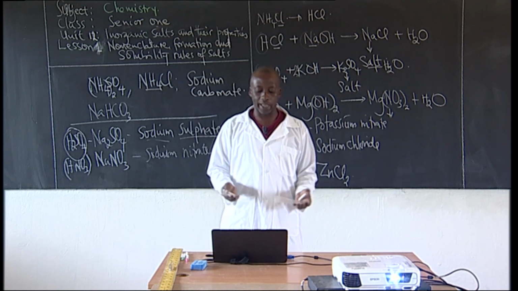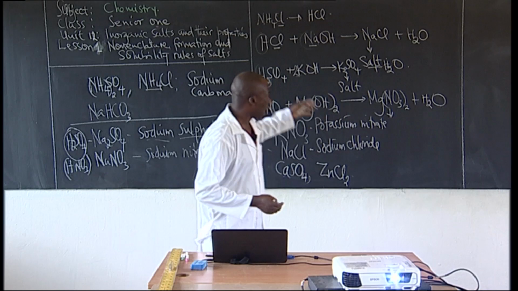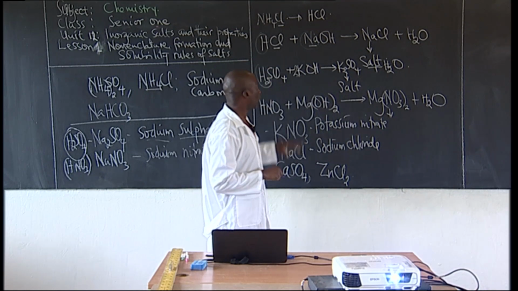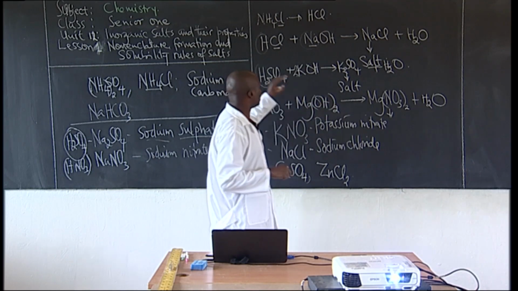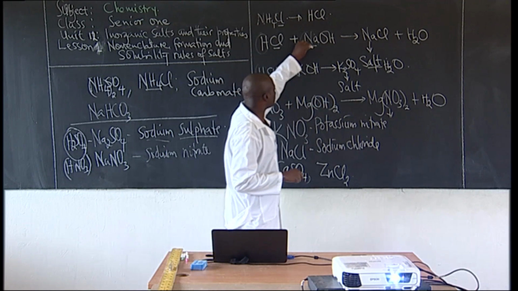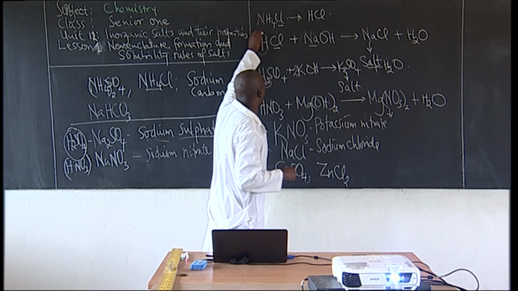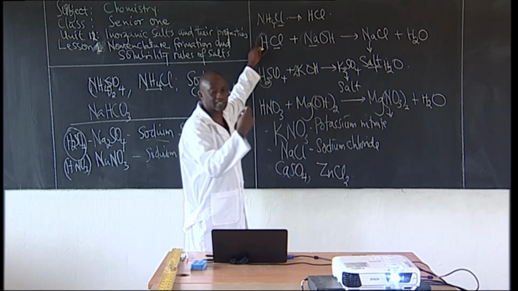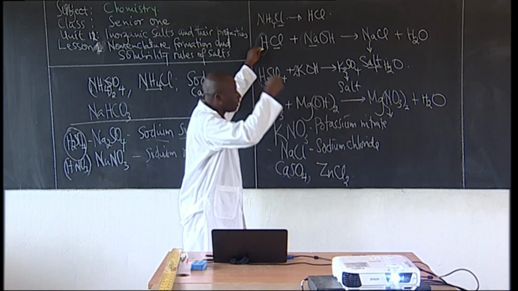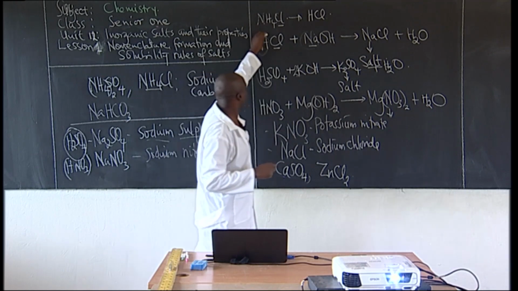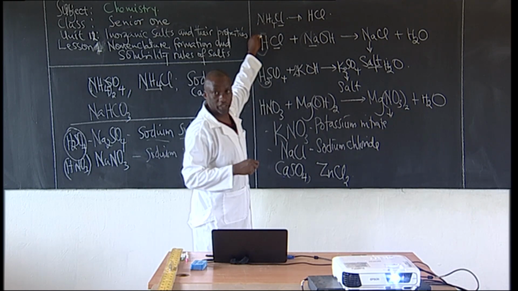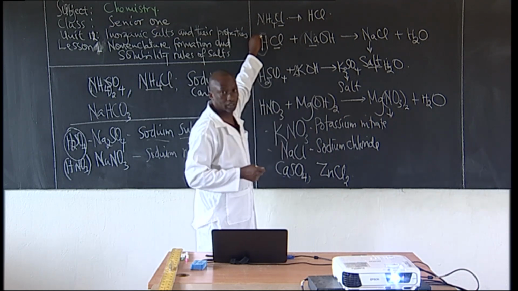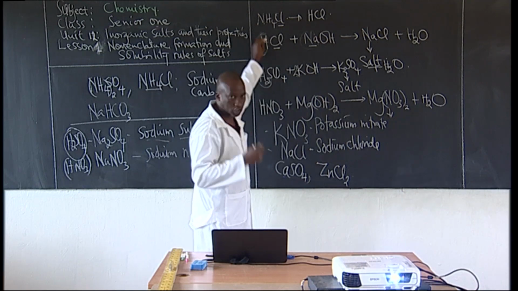Now, what do we mean by the salt? As we have mentioned earlier, a salt is a compound that is formed when a hydrogen atom, this hydrogen here, is replaced by a metal. When the hydrogen ion of the acid is replaced by the metal or ammonium ion, then that is what we call the salt.